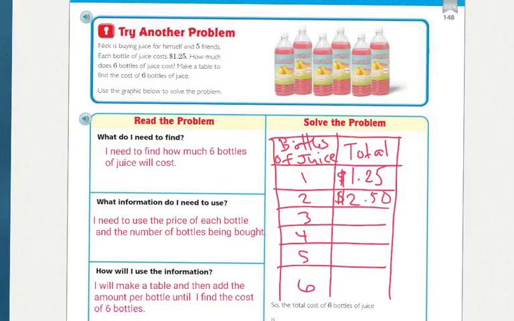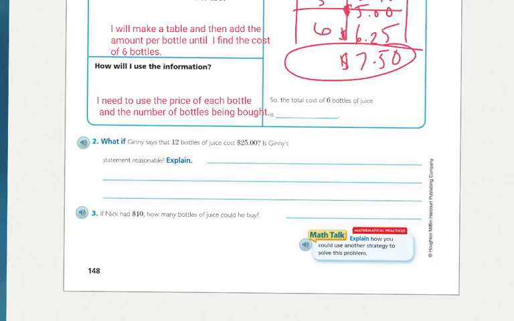If I add another 125 to that, I'm going to get $3.75. Another 125, and I'm going to get $5. Another 125, and I'm going to get $6.25. Add another 125, and I'm going to get $7.50. So the total cost of the 6 bottles is going to be $7.50.